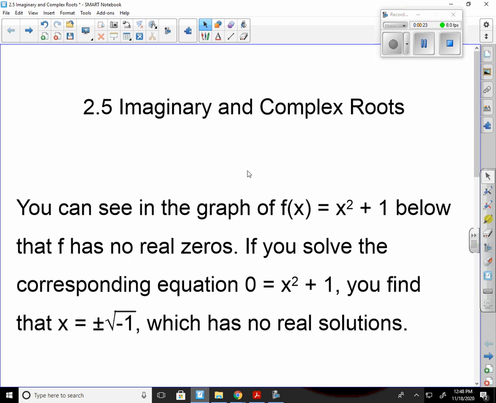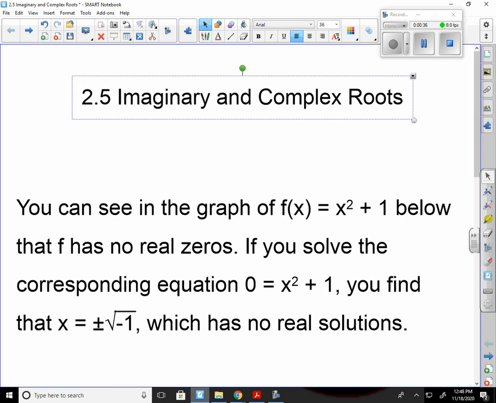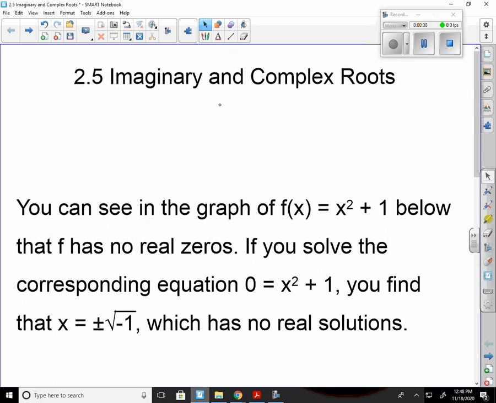So if we put the graph of f of x equals x squared plus 1, then we'll see that f has no real roots. I got rid of the graph below because it makes more sense just to see it on the spot. If you remember from what we've done so far in this chapter, roots are when it crosses the x-axis.